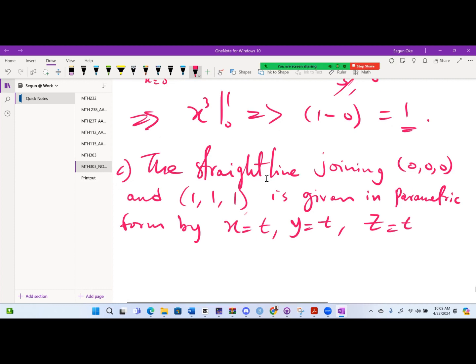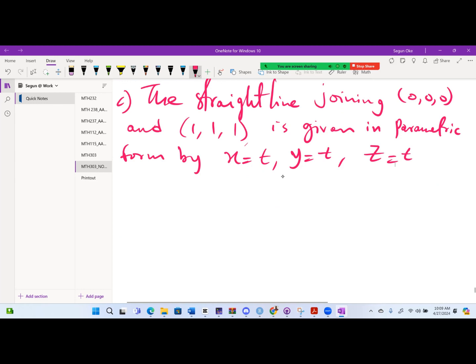So all we need to do is go to the integral of A dot dr, which means t from 0 to 1.